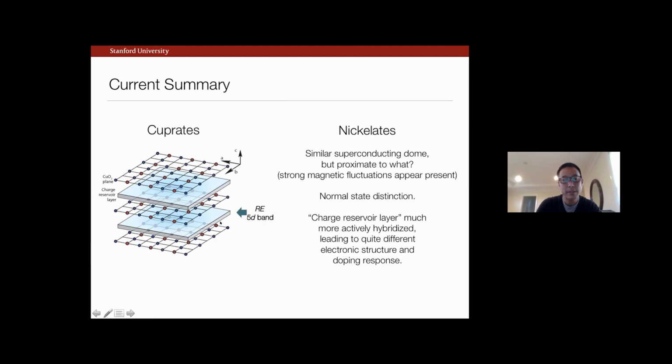And so this is actually a kind of different system, and possibly combines aspects of the Mott physics of cuprates with things reminiscent of heavy fermions and intermetallics. In any case, there's much yet to be developed in our understanding of this system, but let me close there, and thank you all for your time.